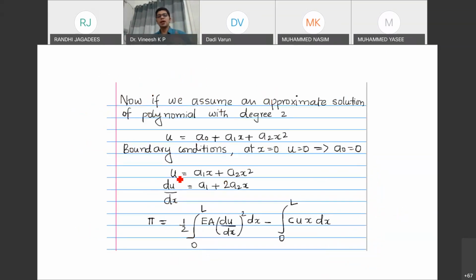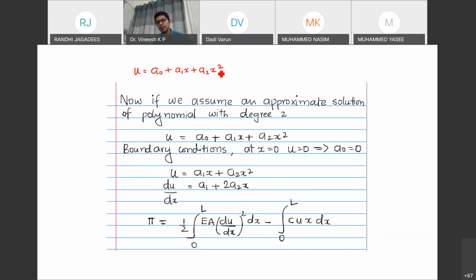So we consider a polynomial function of degree 2. That means my u will be equal to a0 plus a1x plus a2 x square.